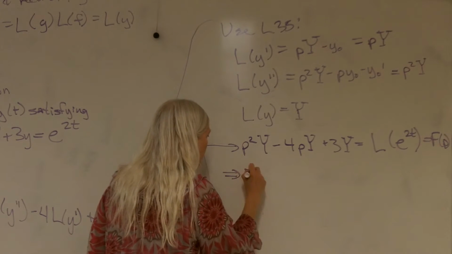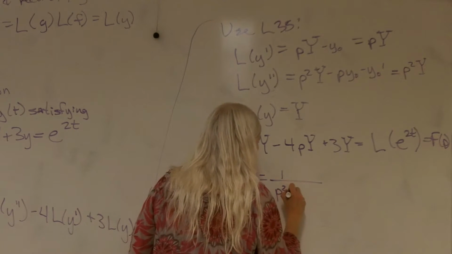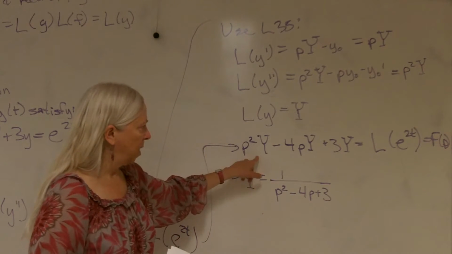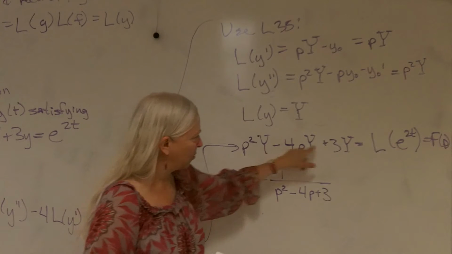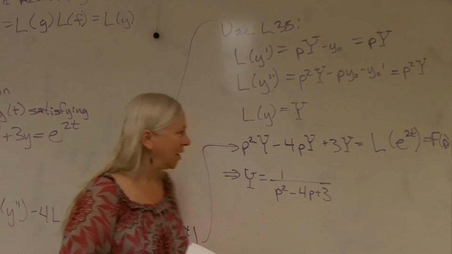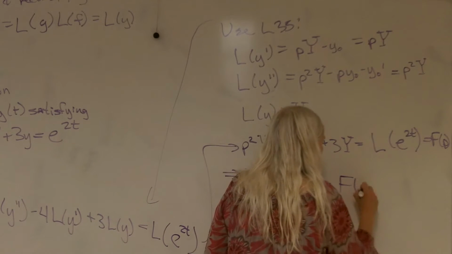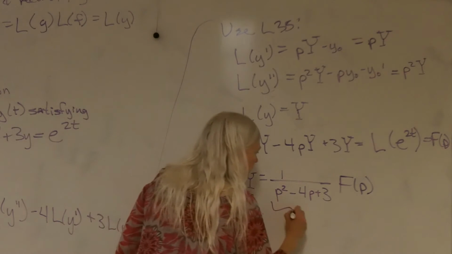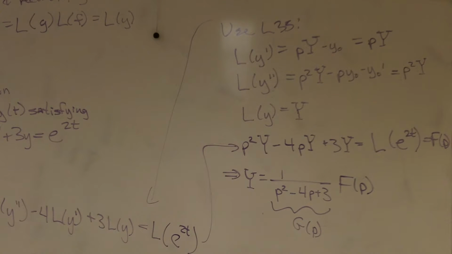So if we solve this for capital Y, it will be equal to 1 over p squared minus 4p plus 3 times capital F of p. On the left-hand side, if I pull out a capital Y, I'd have capital Y times the quantity p squared minus 4p plus 3. So I can divide by that quantity, bring it over to the other side, and then times our capital F of p. So this function right here is our capital G of p, or if you prefer the book's notation, the transfer function, capital T of p. Right?